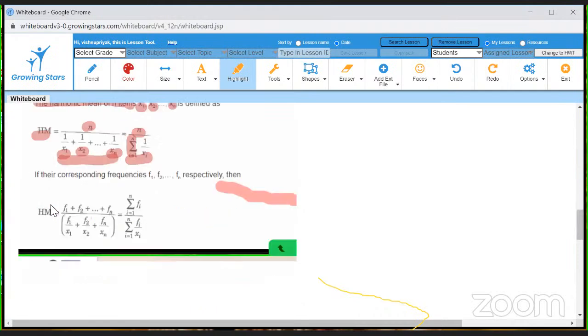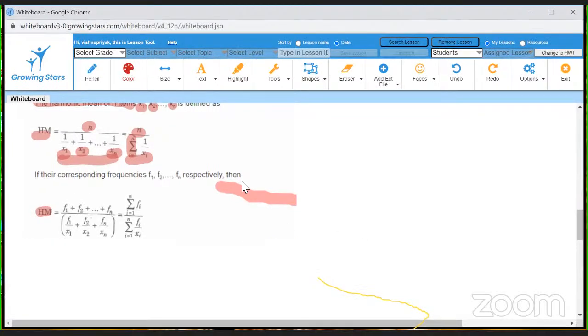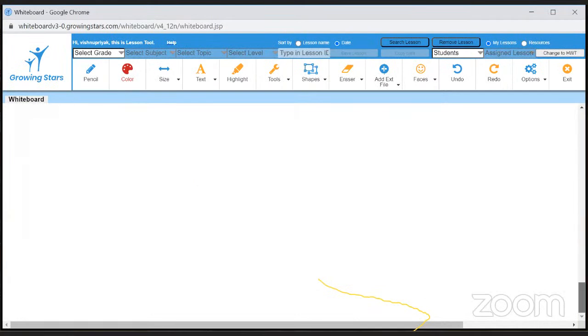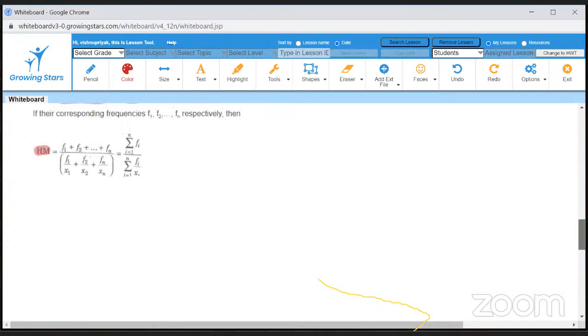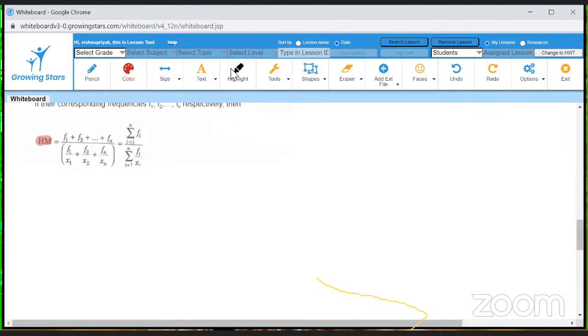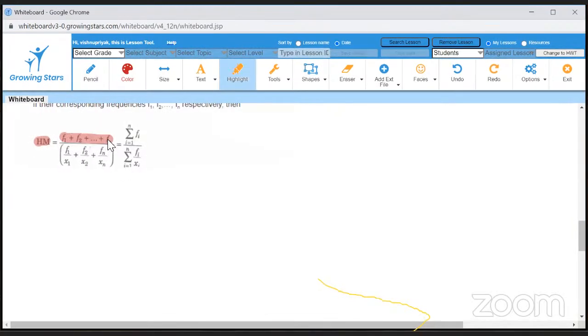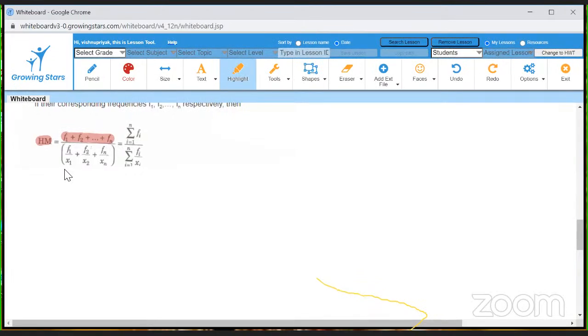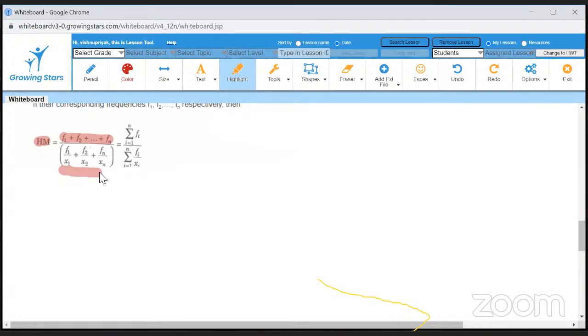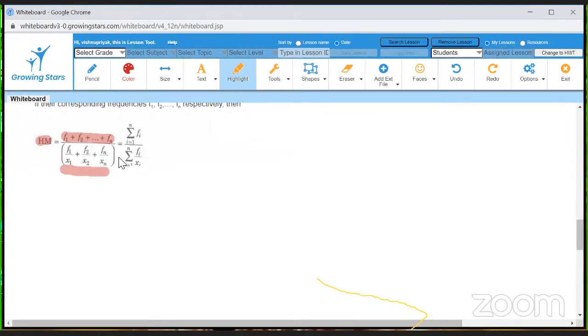Suppose frequency is given, what will be the harmonic mean when in the table you know the frequency? Add all the frequencies, divided by f1 by x1 plus f2 by x2 up to fn by xn.